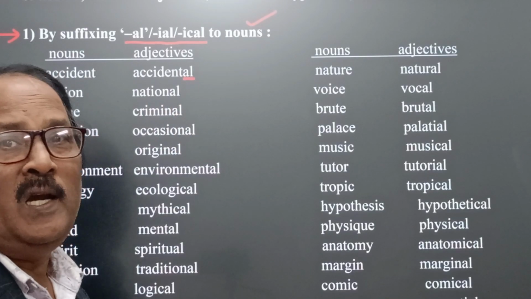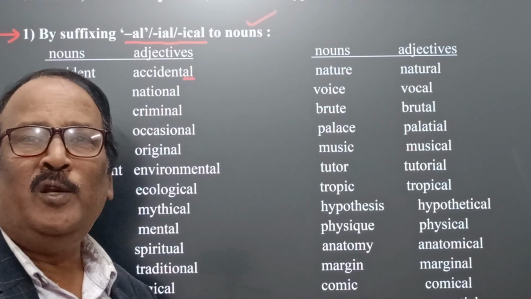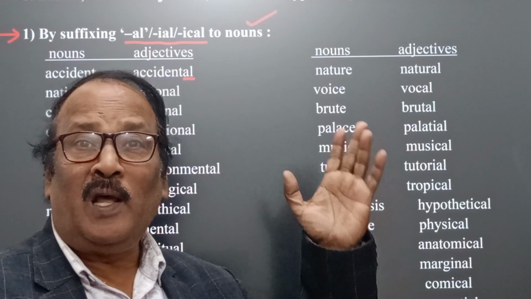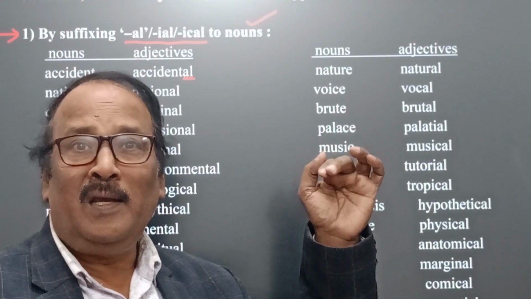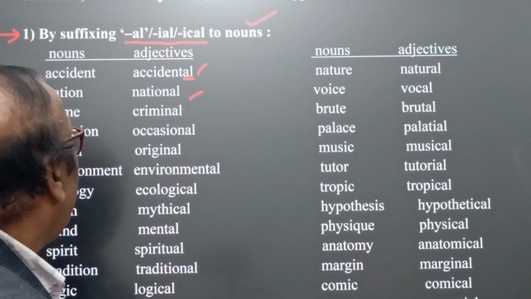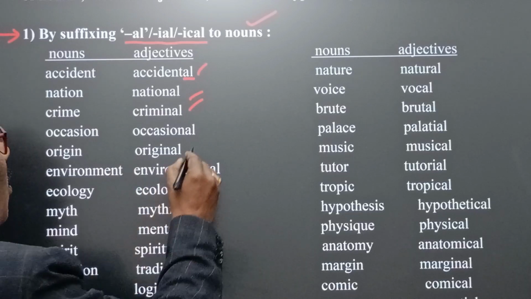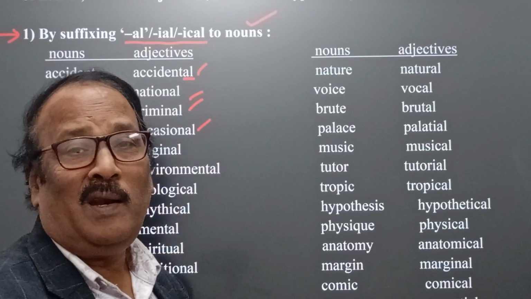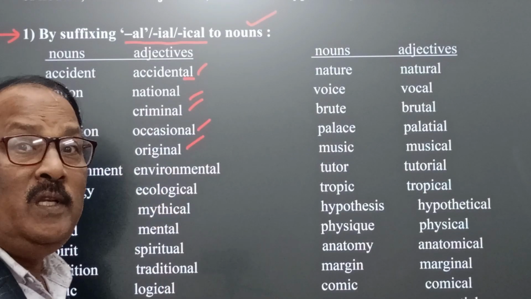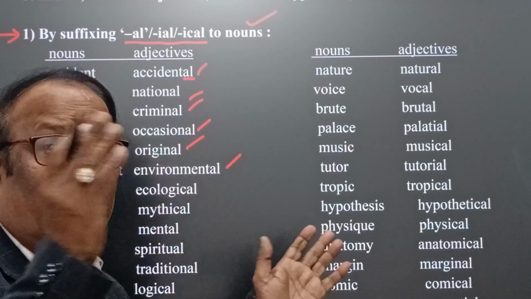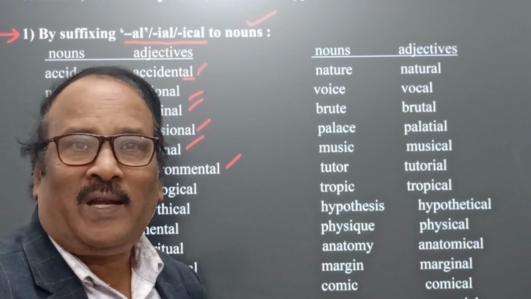For example, accidental love, accidental insurance, accidental death. Nation, national flag, national anthem. Crime, criminal case. Occasion, occasional rain, occasional arrival. Environment, environmental issue, environmental impact.